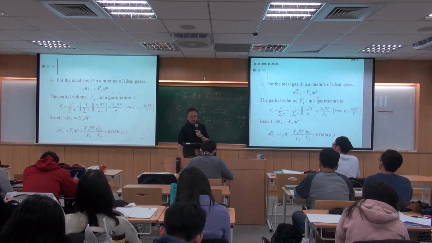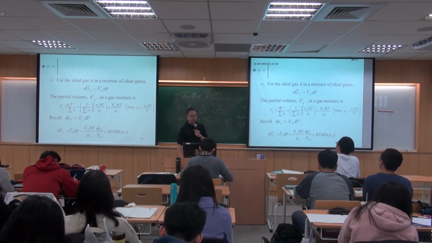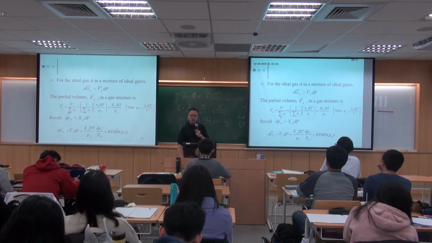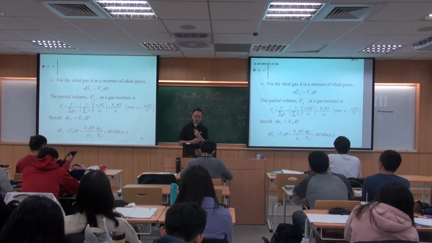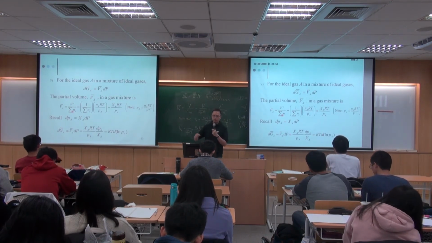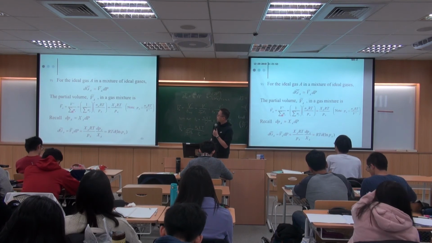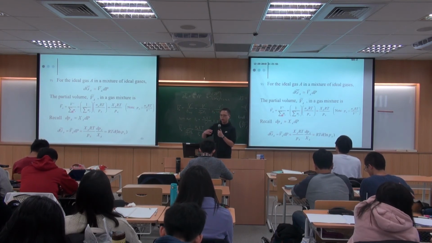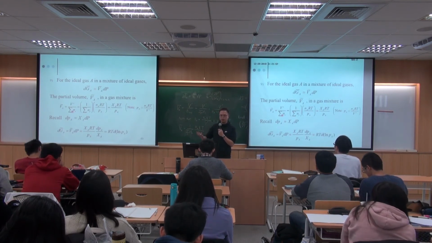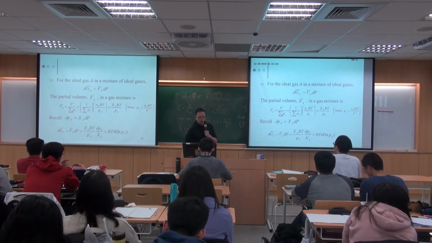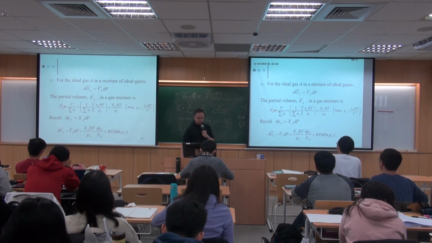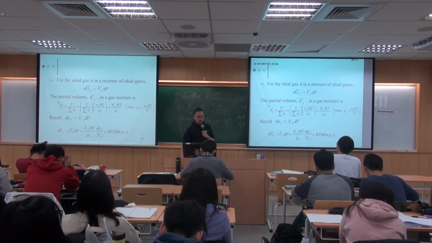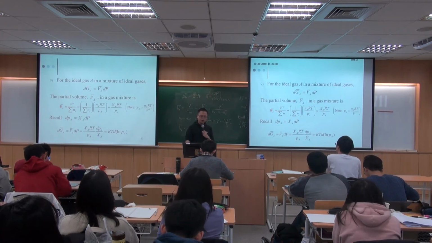In this gas mixture, this VA bar is essentially the same as the total volume divided by the total mole number of the gas molecules in the system. Because remember, if you add 1 mole of a particle A into the system, there's a slight change in terms of the volume. If that's the case, that's VA bar. So this VA bar is actually the same as VB bar and VC bar.